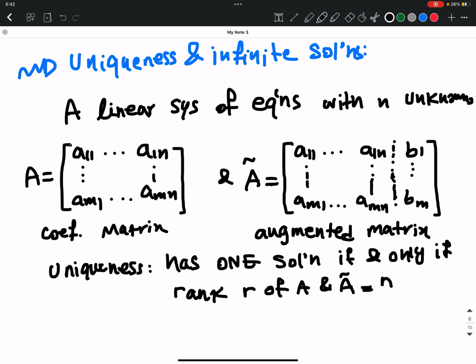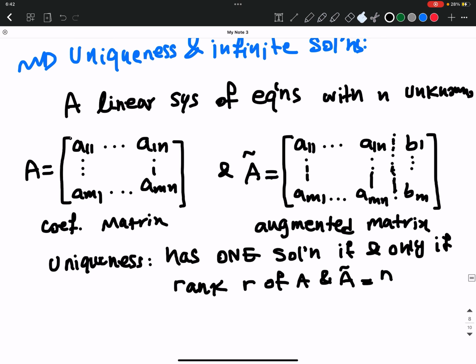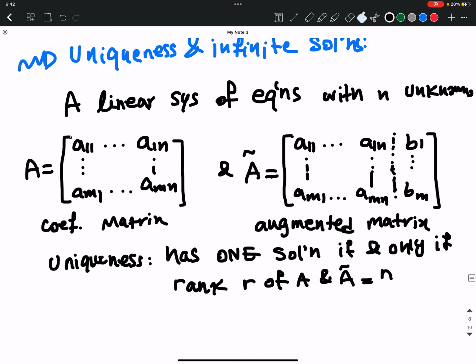So if the rank of A equals n, which means it equals the number of unknowns, then we will have a unique solution.